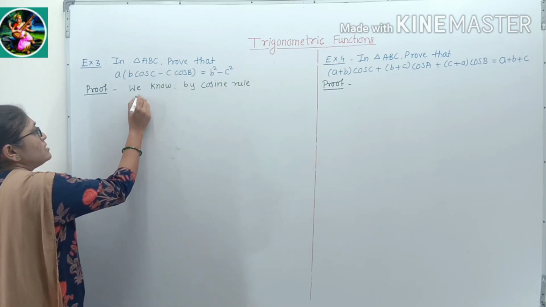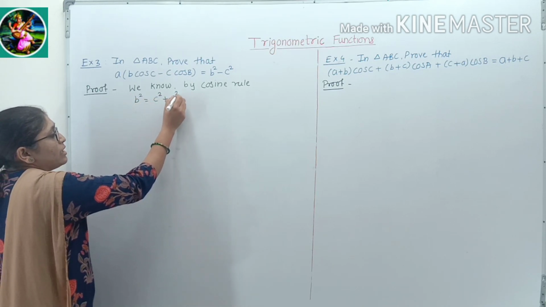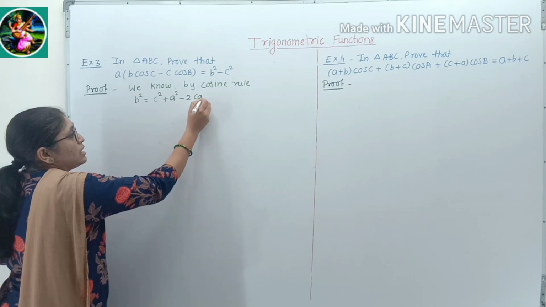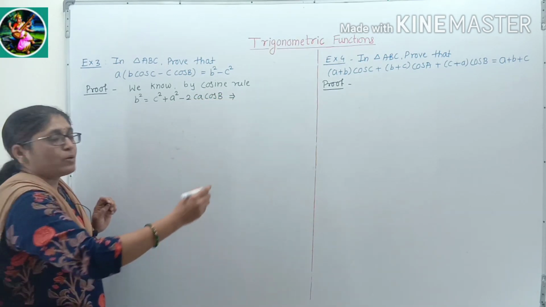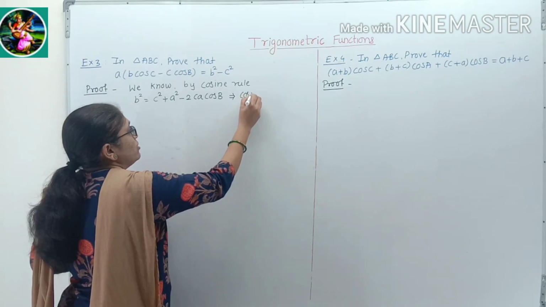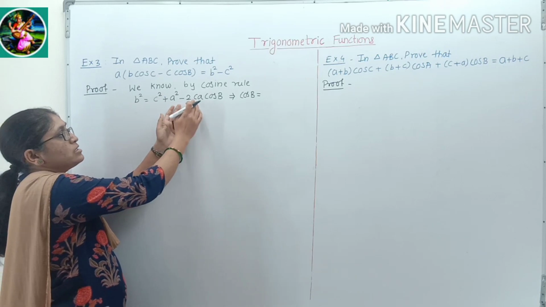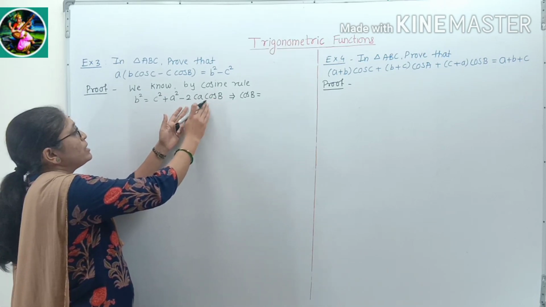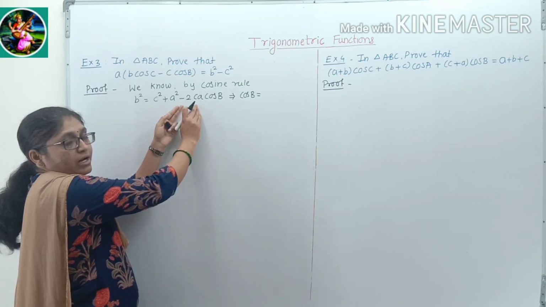b square is equal to c square plus a square minus 2ca cos B. We interchange the terms: that minus 2ca cos B we take to the left side, and b square we take to the right side.